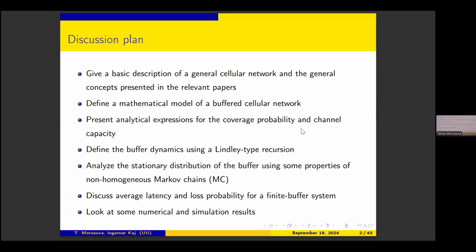Because our network actually has a buffer, which is quite an important feature of this work, we will focus on the buffer as well, and we will analyze its distribution and its dynamics. We are going to use some properties of non-homogeneous Markov chains for doing this. And in the end, if I have time, I will also briefly discuss some other performance metrics such as loss and latency. And then we will look at some numerical and simulation results.